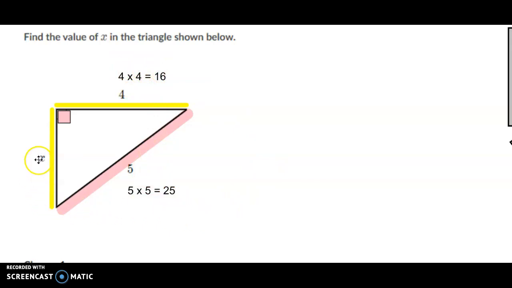This one over here is smaller than this area, so this area has to be smaller than 25. And what I find out, if I'm looking for the smaller one, is I'm actually going to subtract those two numbers. I'm going to take this 25 here, the larger piece, and subtract the 16, and I'm going to get a 9.